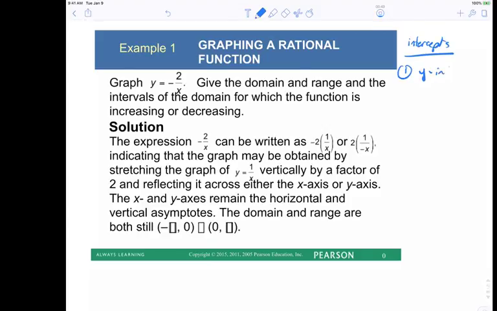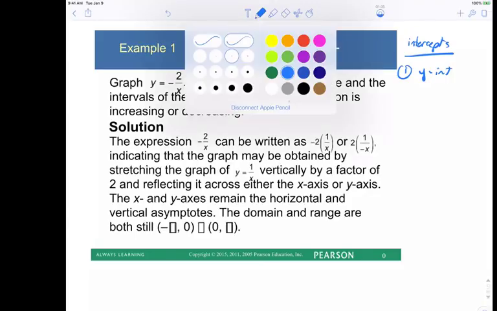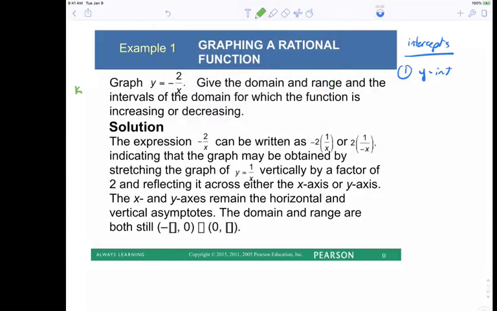If we're going to find the Y-intercept, what do we do? Set x to 0 in the original. What happens? Negative 2 over 0, which is, remember, some number over 0, you want to knock that out, KO. That's undefined. But 0 over some number, this is okay.